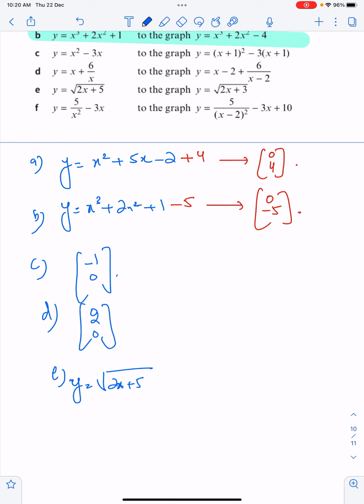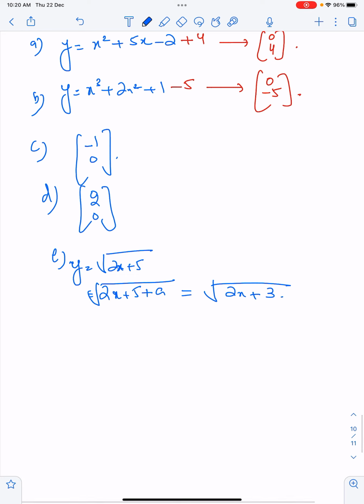Okay, so in place of x they must have plugged in something, so I am just trying out. 2 into x plus 5 plus something is going to give us 2x plus 3. Okay, let's see what they have plugged in here. 5 plus a equals 3, so a equals -2.